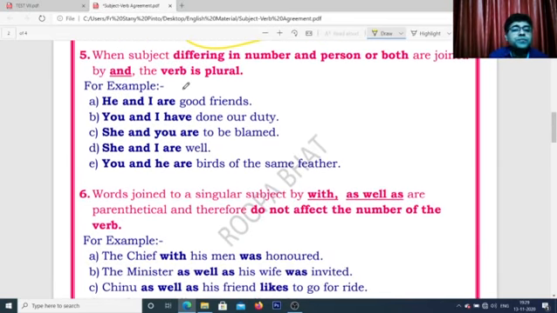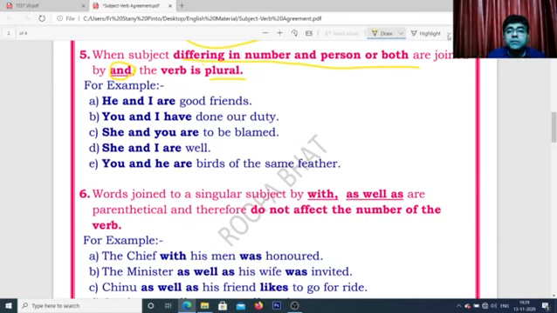Let's go further. When subjects differing in number and person or both are joined by and, the verb is plural. What is this?